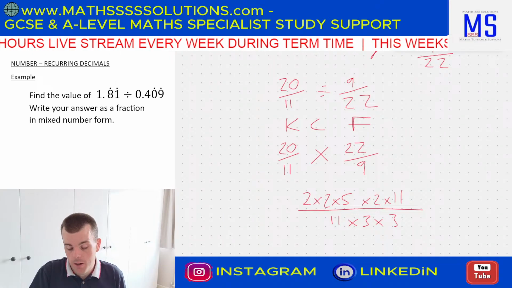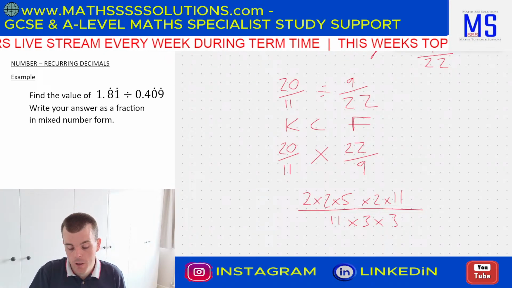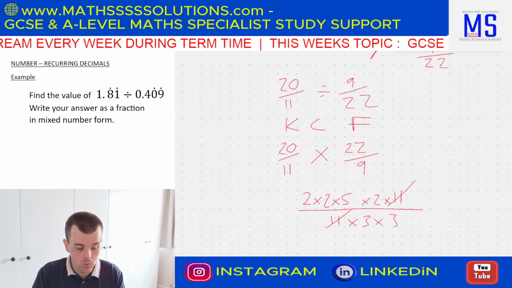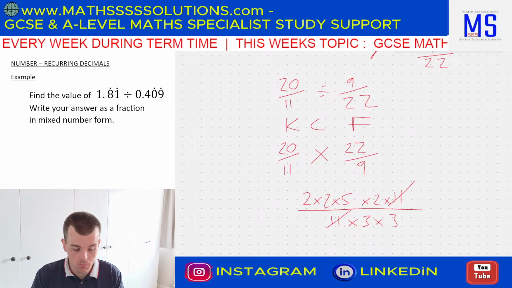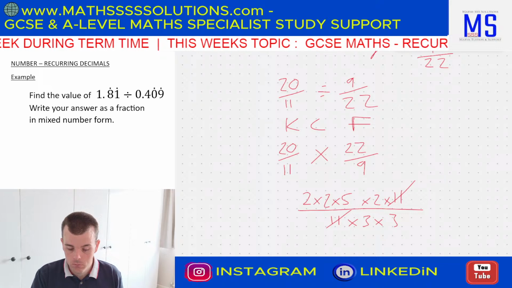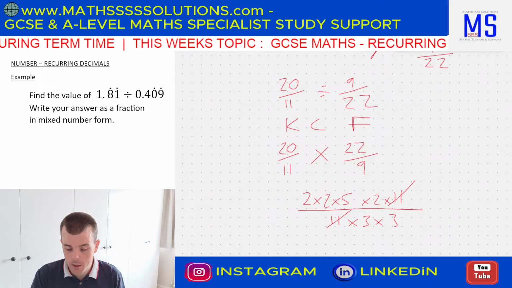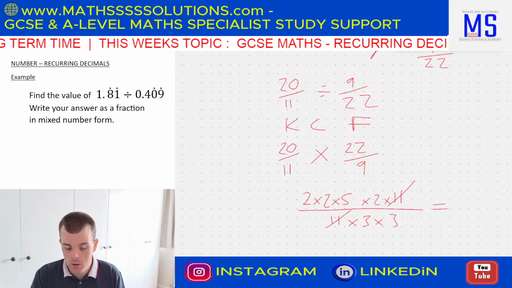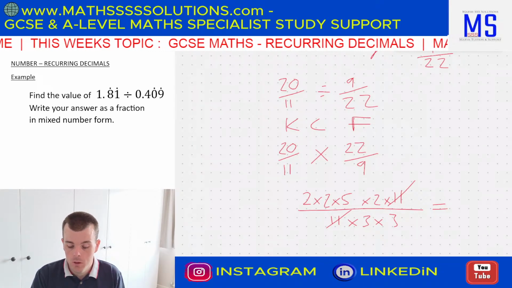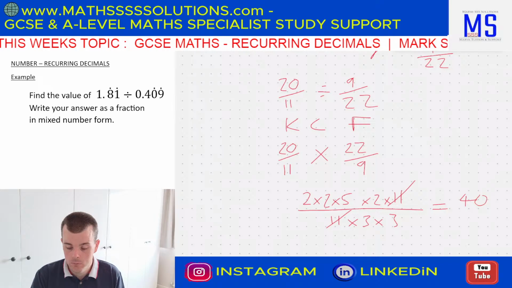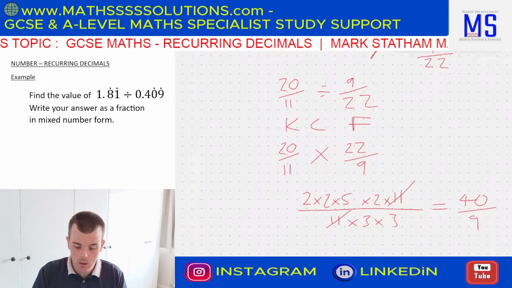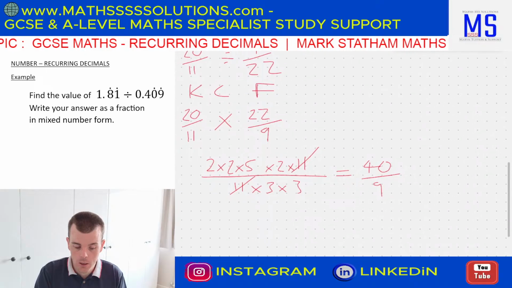Thinking about the prime factors shows that if there are any common factors, and as we can see, there's 11 in the numerator and the denominator. There's no other common factors, so you can't cancel any further. So 2 times 2 is 4, times 5 is 20, times 2 is 40, and 3 times 3 is 9, and that's as simplified as you can get it.